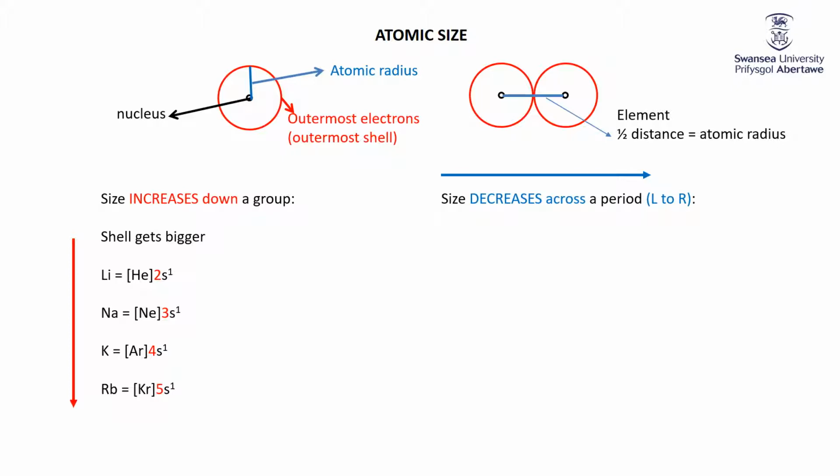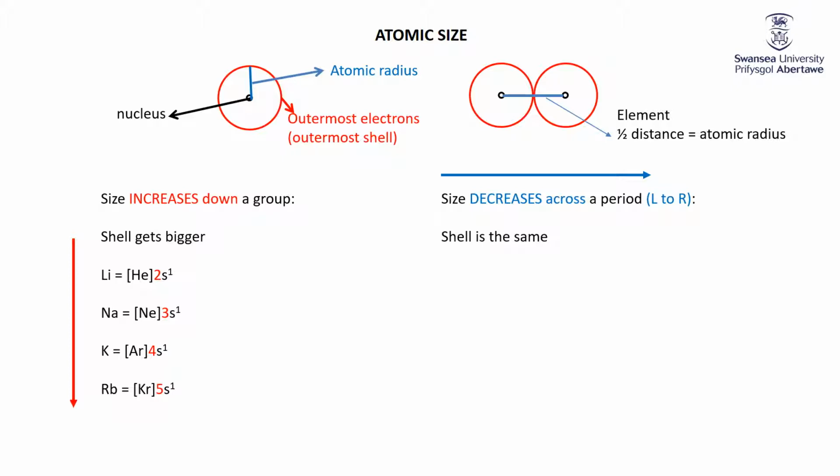Atom size decreases as you go across a period from left to right. The reason for that is that the shell is the same. As you are adding in electrons, they go into the same shell. So as you go across that second row of the periodic table that starts off with lithium and ends up with neon, every electron is going in the second shell, whether it be the 2p or the 2s.